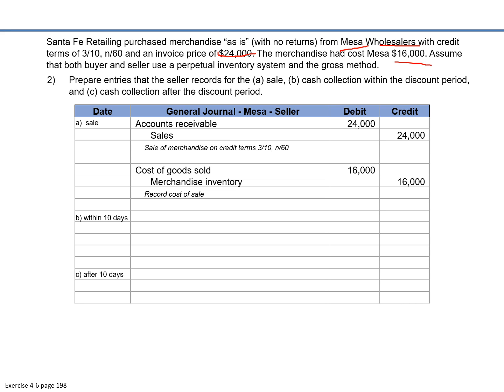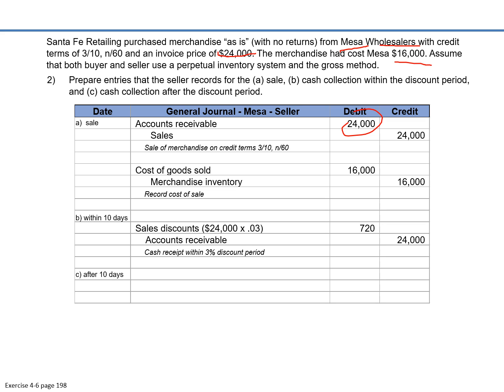Then if the customer pays us within 10 days, we're going to record a contra revenue account, sales discounts. Oh, they got this backwards. So accounts receivable, so that's 24,000. Oops, wrong one. So we're going to reduce our accounts receivable by 24,000. We're going to record a sales discount, which is a contra revenue account, for the 24,000 times 3%, $720.